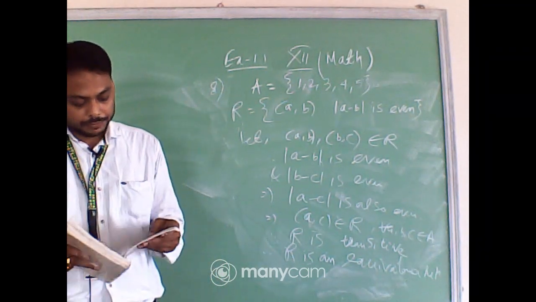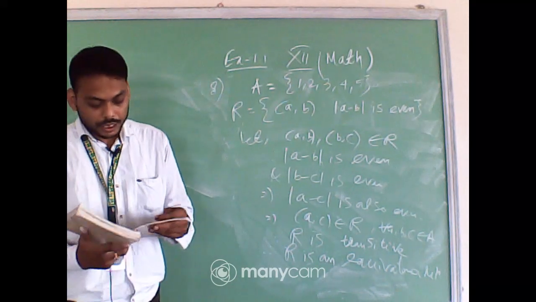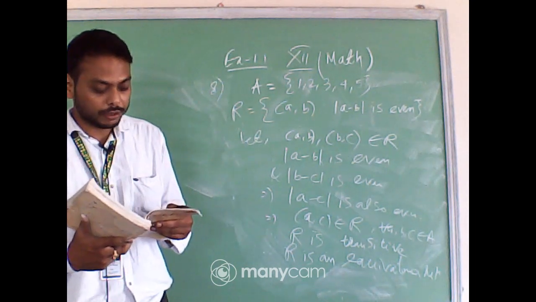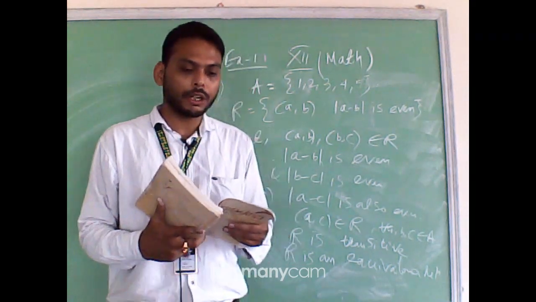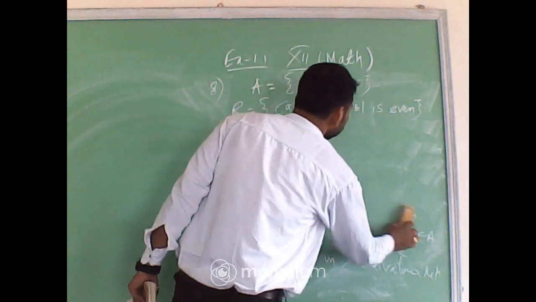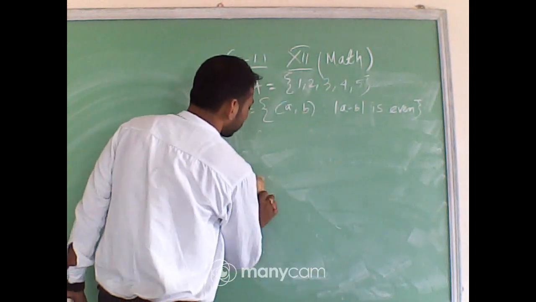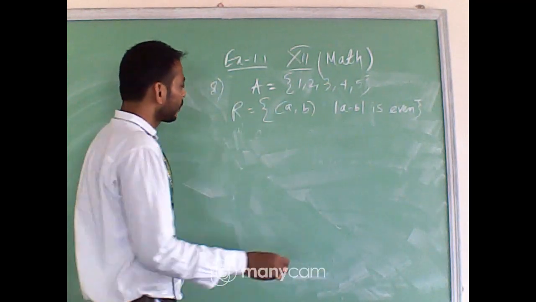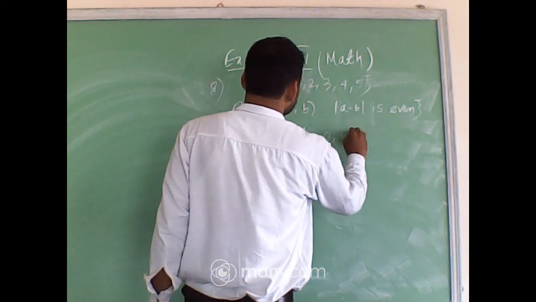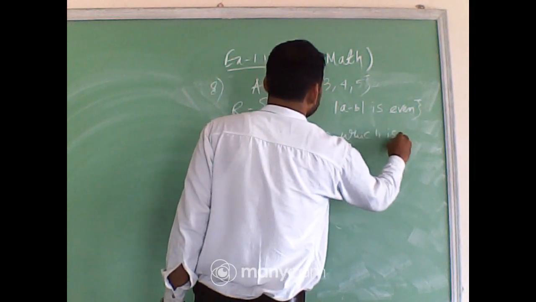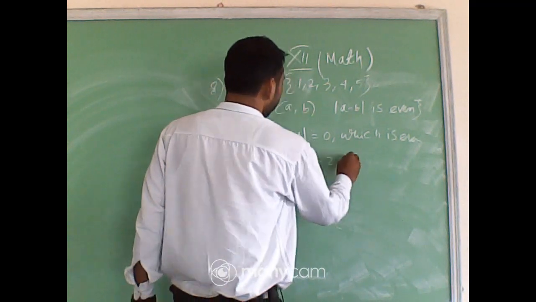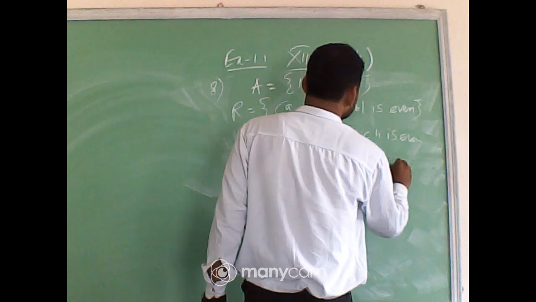We have to show that all the elements of {1, 3, 5} are related to each other and all the elements of {2, 4} are related to each other, but no element of {1, 3, 5} is related to any element of {2, 4}. Okay, I am erasing this portion. Now here |1 - 1| is 0, which is even. |1 - 3| is 2, which is even.